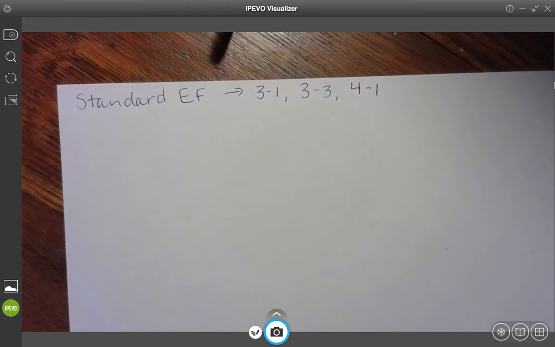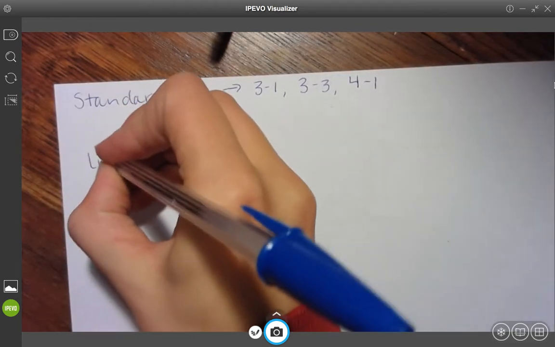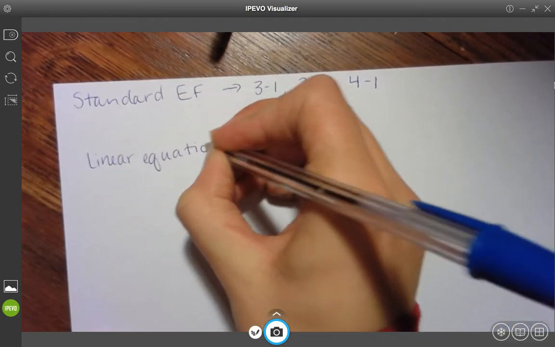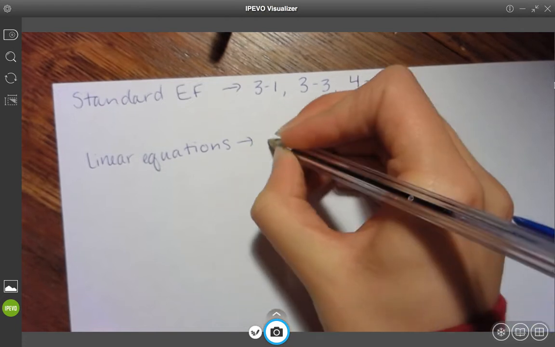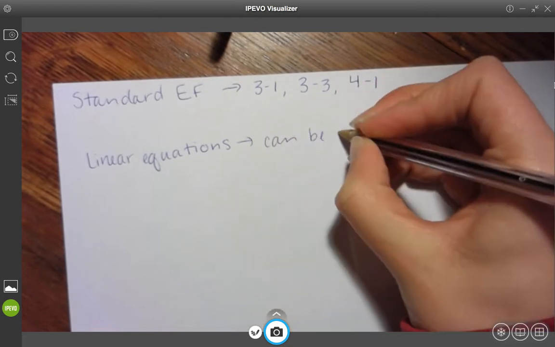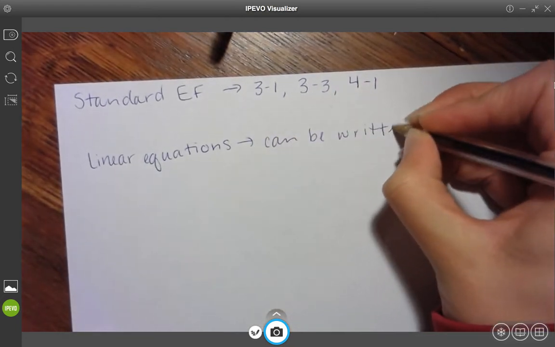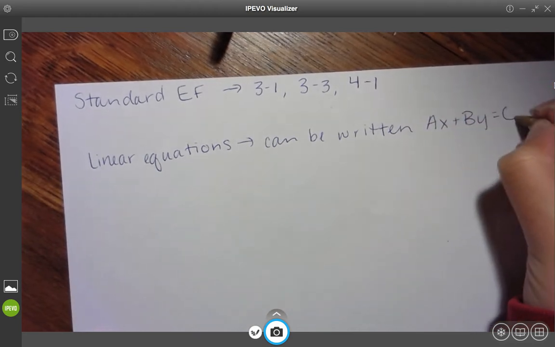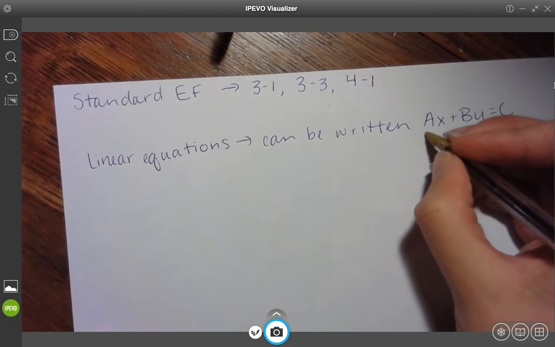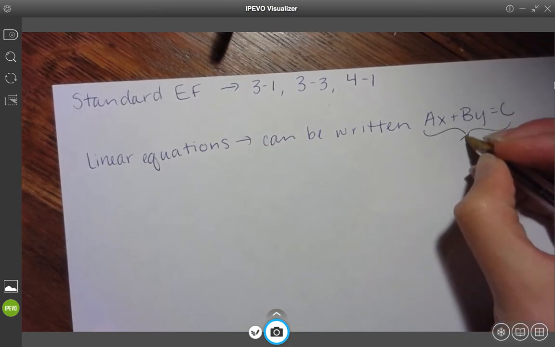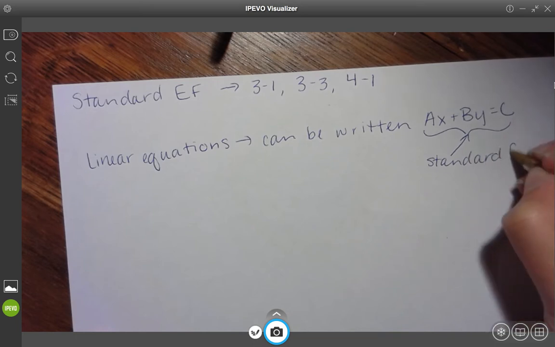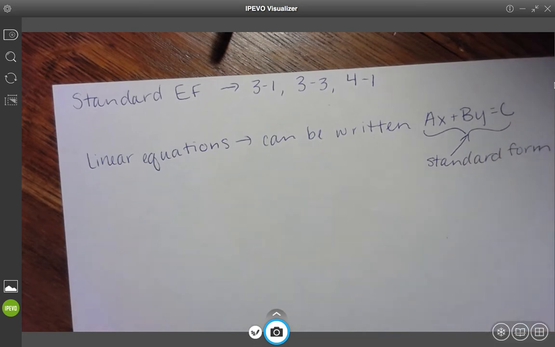All right, so 3-1, we talked about linear equations. A linear equation can be written in this form, ax plus by equals c. This form is called standard form. It has a name because there are other forms that we talk about.